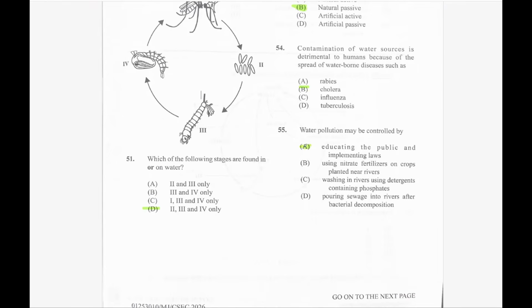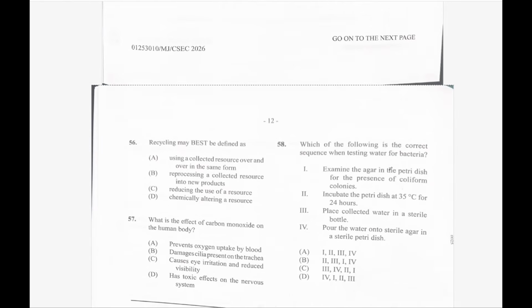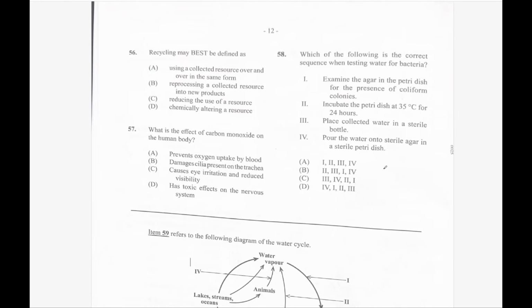That's our best answer. That's an answer that makes sense as well. 56. Recycling may be best defined as reprocessing of collected resources into new products.